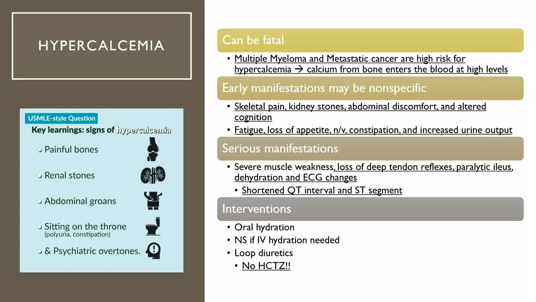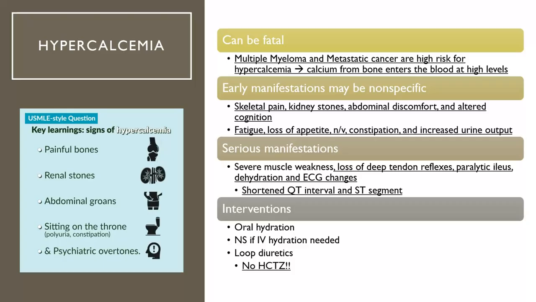Things that cause hypercalcemia are multiple myeloma, or when cancer metastasizes, especially bone cancer. Calcium from the bone will then be pushed out into the bloodstream, and then you can't use it for your muscles or your bone, so you're at risk for bone breaks, which will further increase your calcium level, and your cardiac conduction is no longer going to be working because of the muscle.